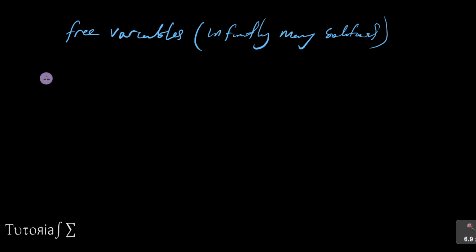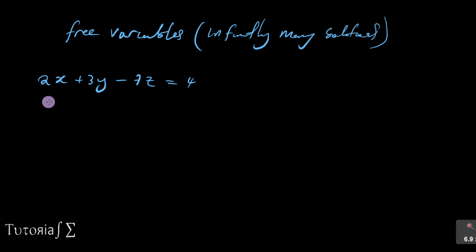Suppose we have a system like, let's say, 2x plus 3y minus 7z equals 4.